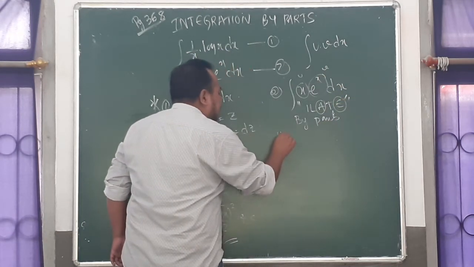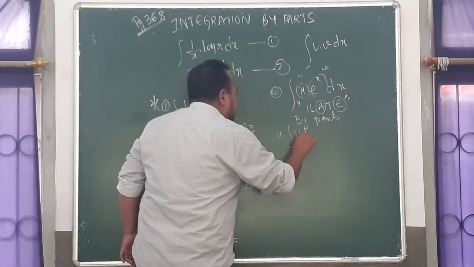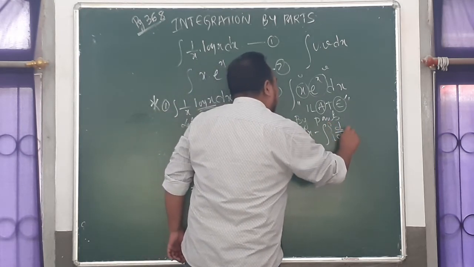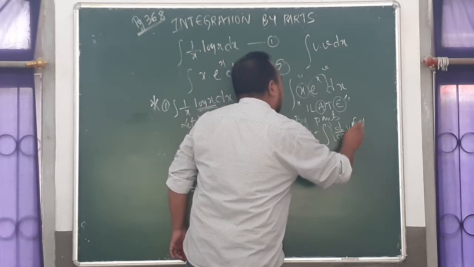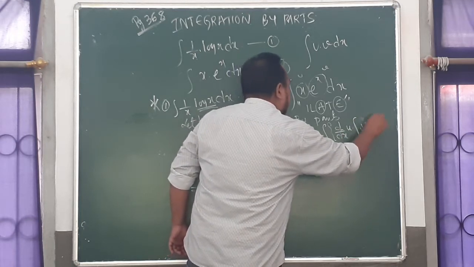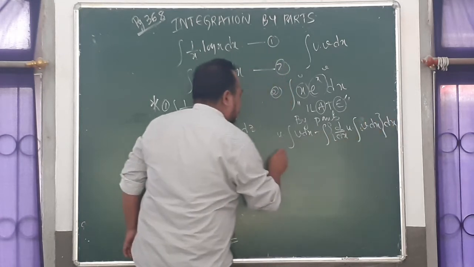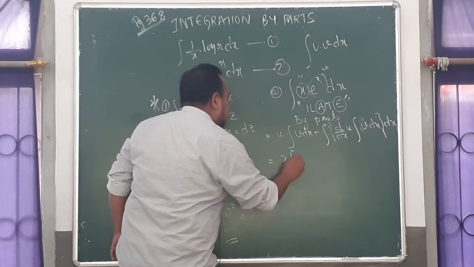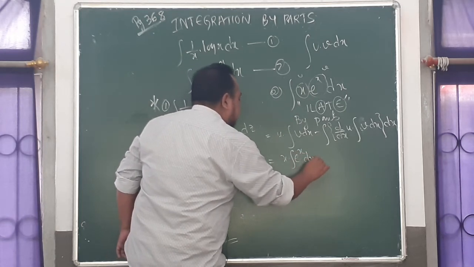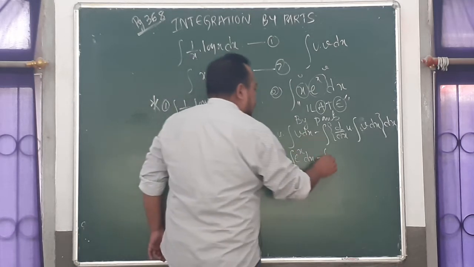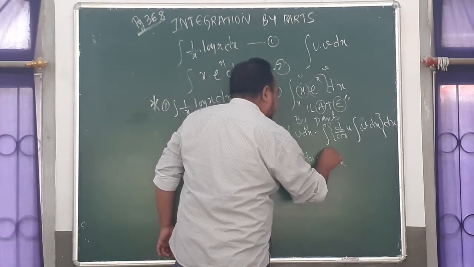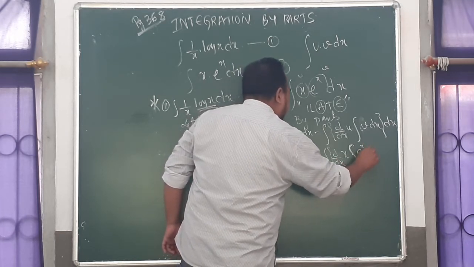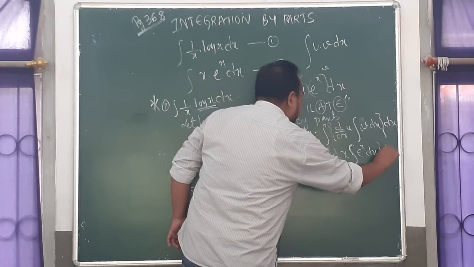The rule for by parts is u integration of v dx minus integration curly bracket differentiation of the first function into integration of the second function. Just apply this and you'll get the value. What is u? u is x, integration of e to the power x dx, minus integration d by dx of the first function x, and integration of the second function e to the power x dx, close the bracket, dx.